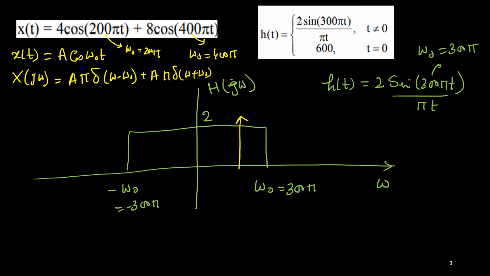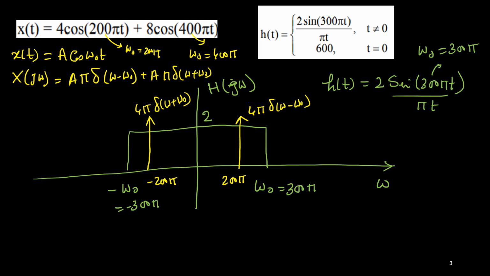So this is the impulse located at 200 pi. Another one will be here, minus 200 pi. And for this one, this amplitude will be 4 pi delta of omega minus omega naught. This is 4 pi delta of omega plus omega naught, right?